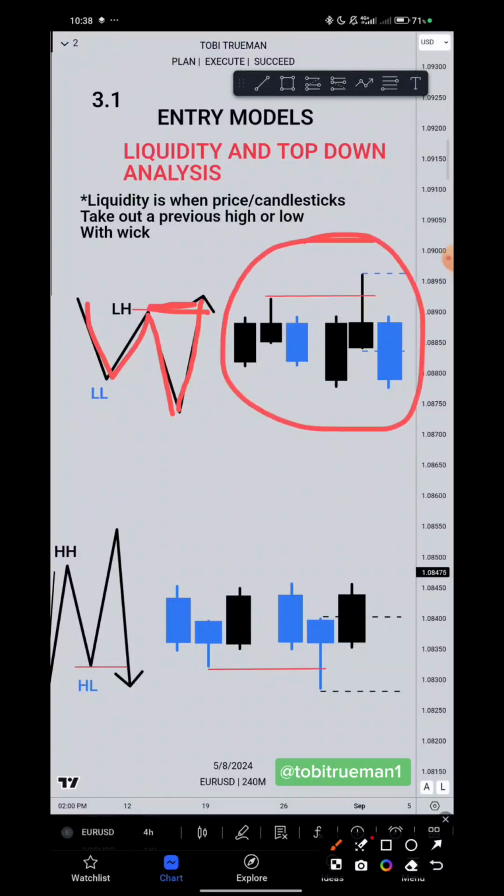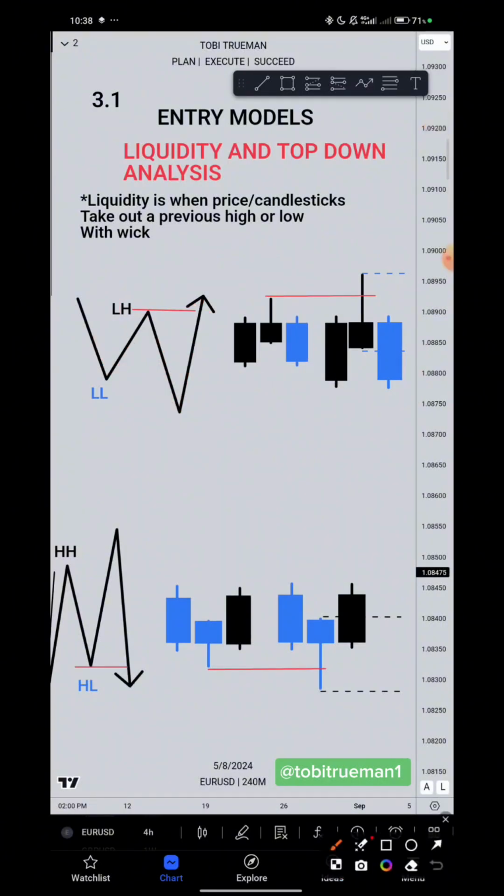You see what happened here? This is the first scenario, this is the lower low, the lower high. This point here, the lower high, is this first candlestick formation. Then when price was retracing back to it, it gave us another candlestick formation.